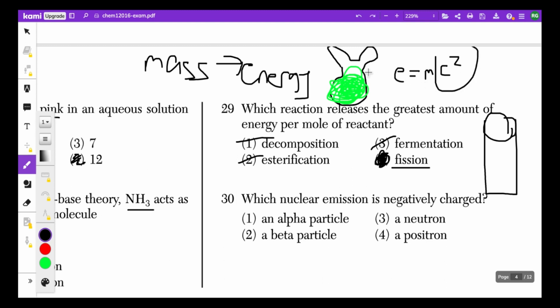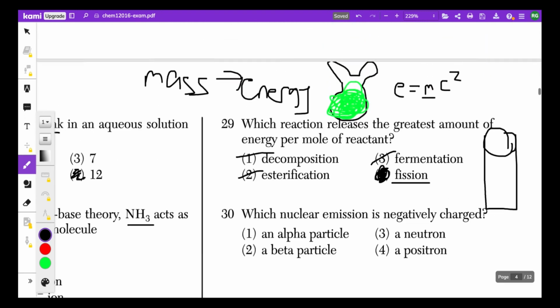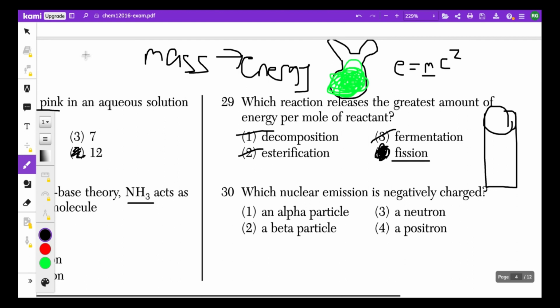C represents the speed of light, and you're raising it to the second power. So yeah, that's going to be a lot of energy. The only reaction that releases more energy than this is a fusion reaction, and this occurs in the sun.